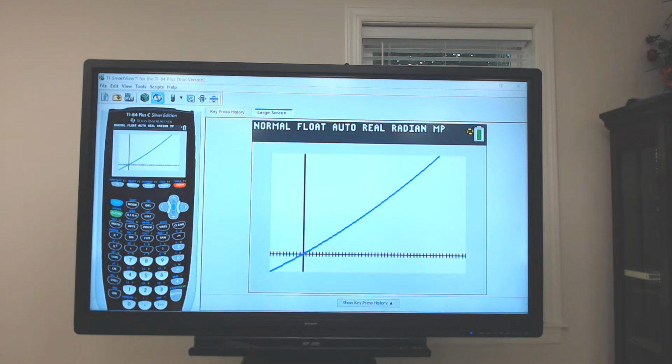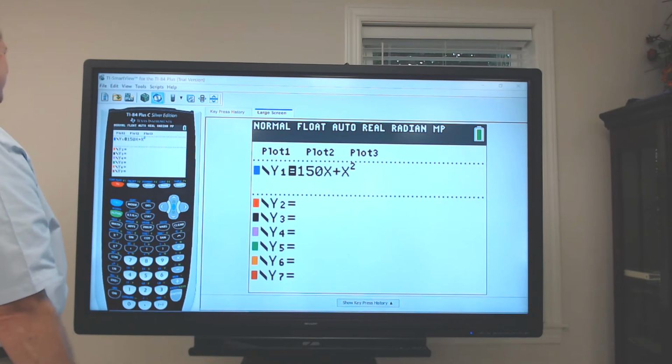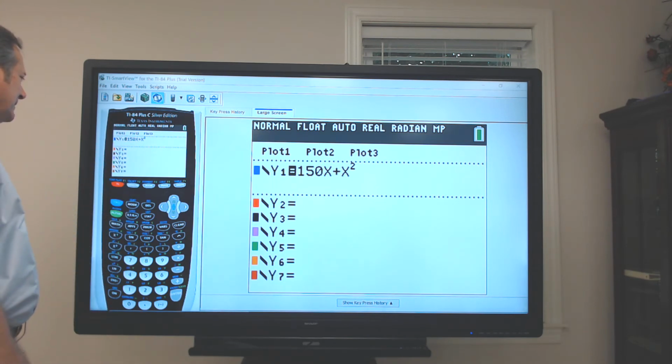Oh, for crying out loud. Well, I'll tell you what. I'm going to give you a different example because this thing is messing me up here. So let's go back here. Oh, I know what happened. This is supposed to be a minus x squared.